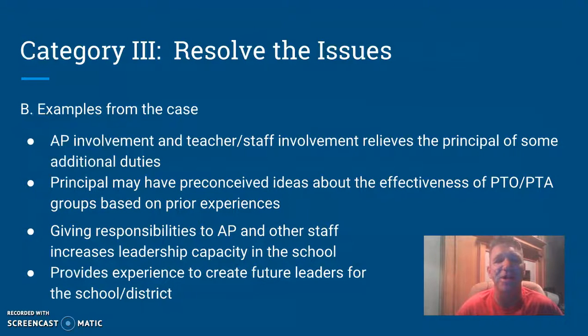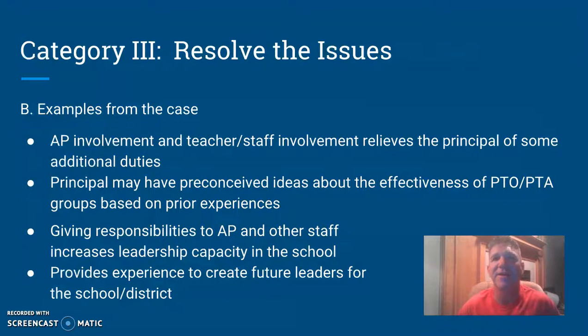Category 3, Part B, resolving the issue, asked me to provide examples from the case. The assistant principal's involvement and increasing teacher and staff involvement could relieve the principal of some added duties and stress that he may be experiencing. We don't really know why the principal is not keen on the idea of increasing parental involvement, but obviously he has some preconceived ideas that it won't be successful.